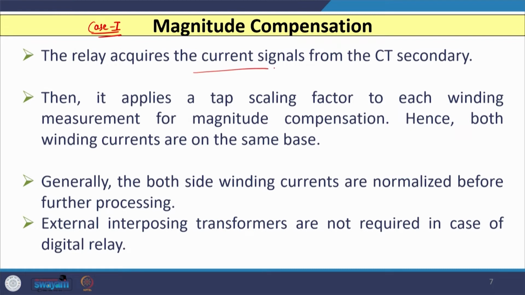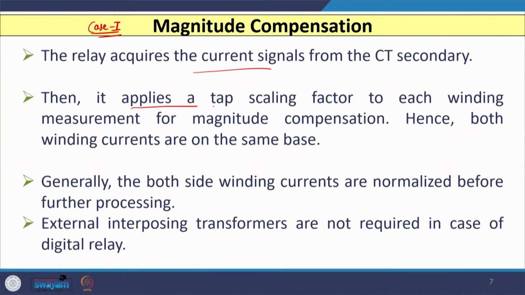We know that the relay acquires most of the current signals through CT, and CT secondary signals are given to the relay, and then when the CT secondary currents are available, a factor known as tap scaling factor is applied for each winding. So, for each individual winding, the secondary currents are multiplied by this tap scaling factor, and that is the main logic for magnitude compensation inside the digital relay.